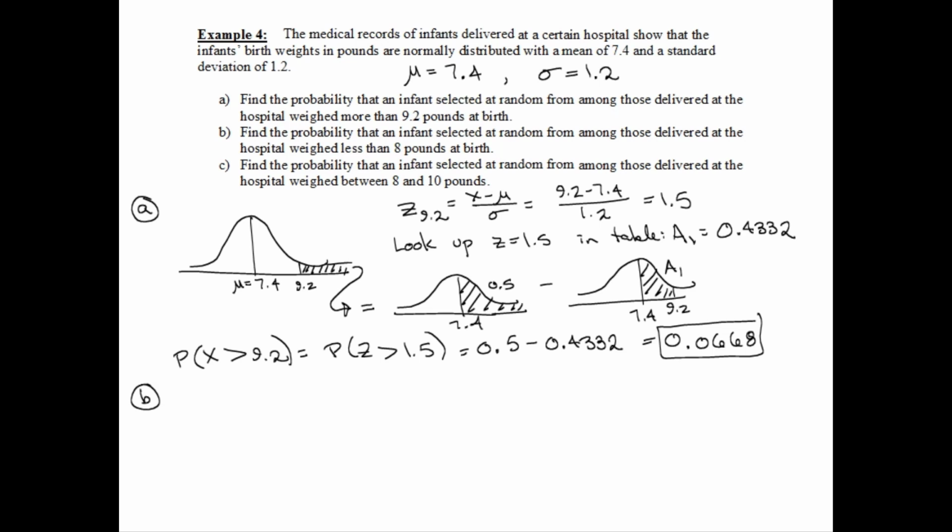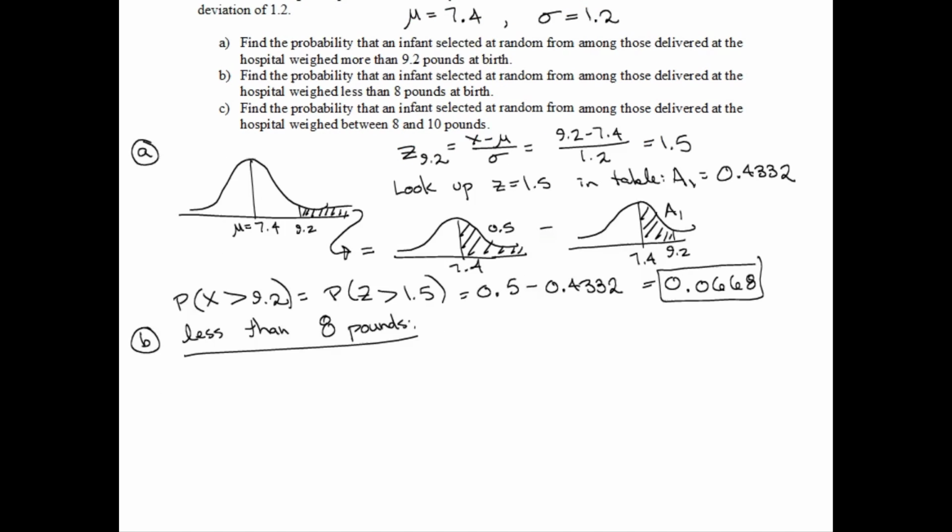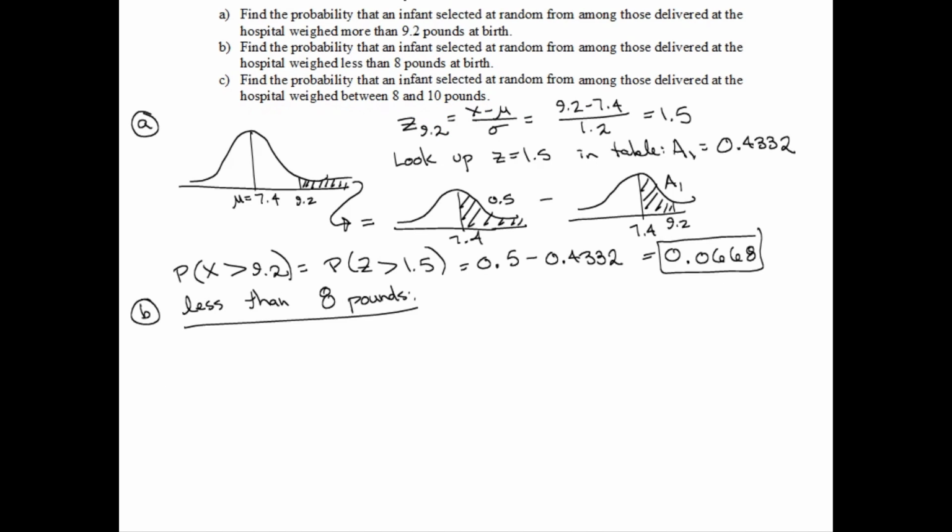Now, let's find the probability that a randomly selected infant weighed less than 8 pounds. Once again, we sketch a picture. 8 pounds will be just a little to the right of our mean.